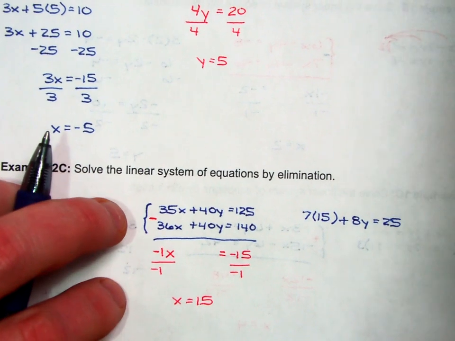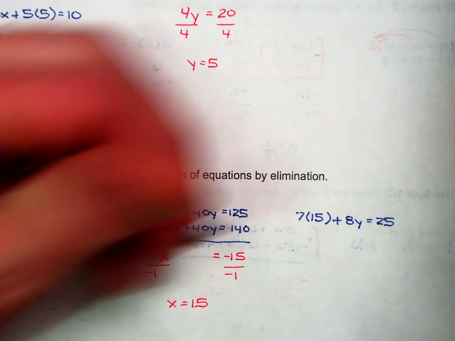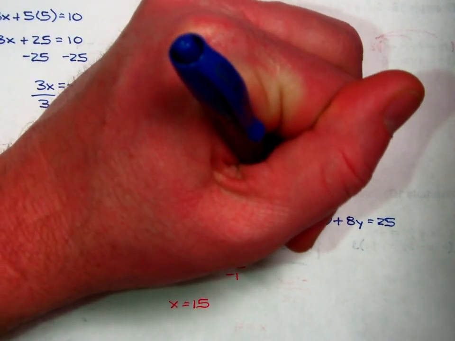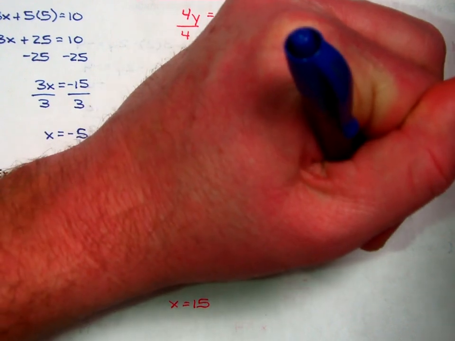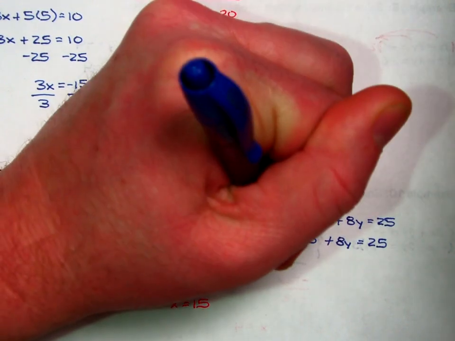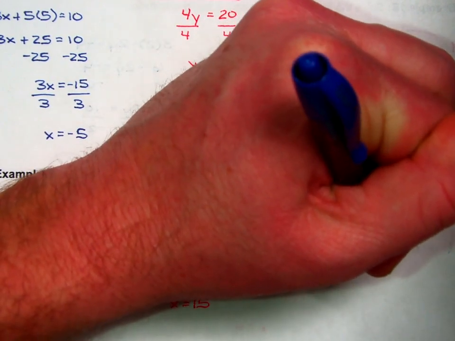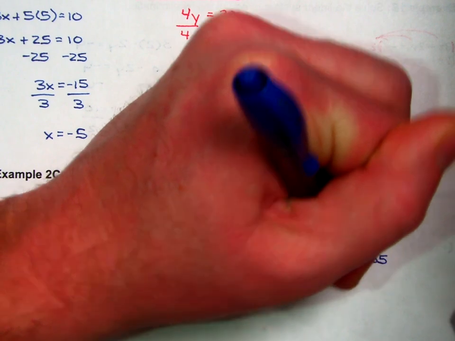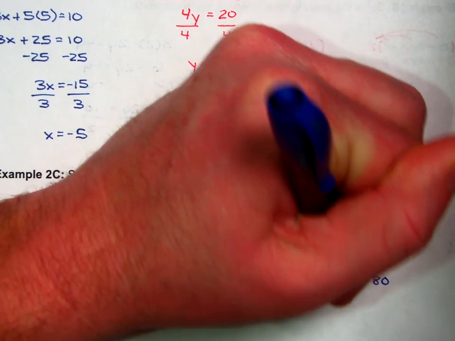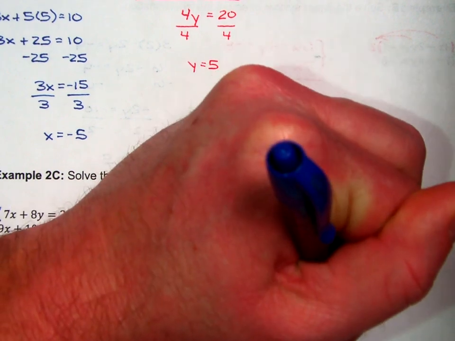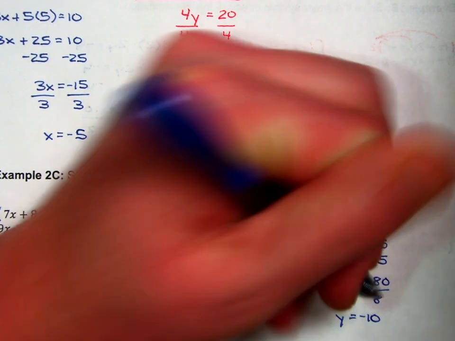If I multiply 7 by 15, that's going to give me 105 plus 8y is equal to 25. So if I subtract 105 from both sides, that means that 8y now becomes a negative 80. And if I divide each side by 8, y is now equal to a negative 10.